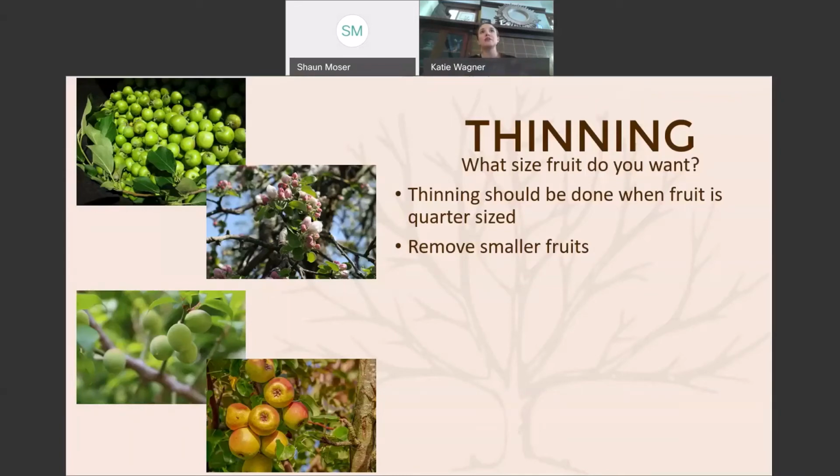You really should thin your fruit. If you don't thin your fruit, if you have touching fruit, for example, an apple touching an apple, that's a great point where we can get a lot of insect injury to that fruit. For example, codling moth, we talked about just a little bit ago, there was the question, enters the fruit there. If you are not thinning your fruit, you'll very likely get smaller fruit.